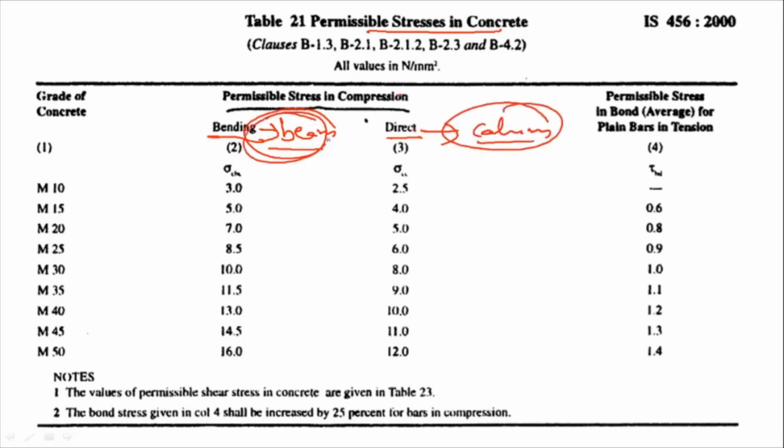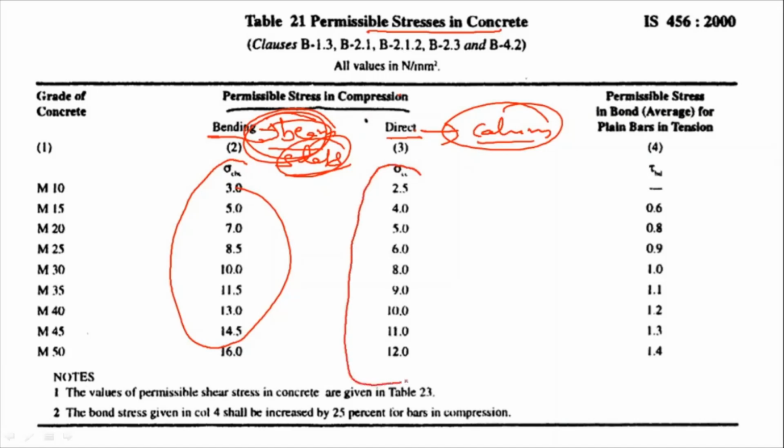So while designing beams or slabs, these are the permissible stresses in concrete we have to use, and while designing columns, these are the permissible stresses in concrete we have to use. The factor of safety is almost 3 here and almost 4 here.